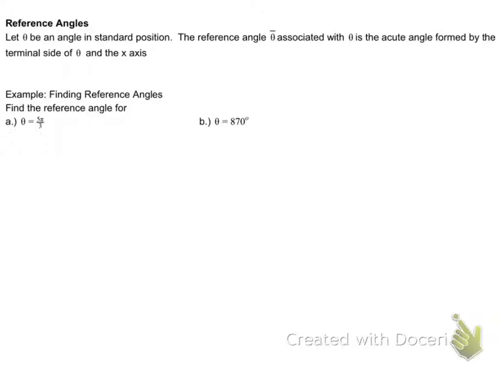In other words, like I have been saying, the reference angle is the angle from where you stop to the quickest x-axis. The leftovers, or how much more it takes to get you to the x-axis. Either way you want to look at it.